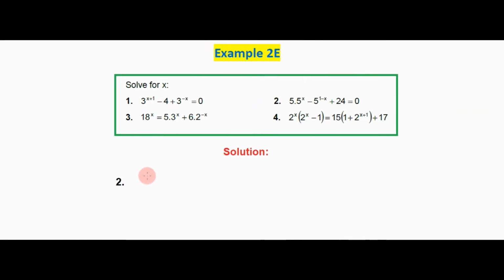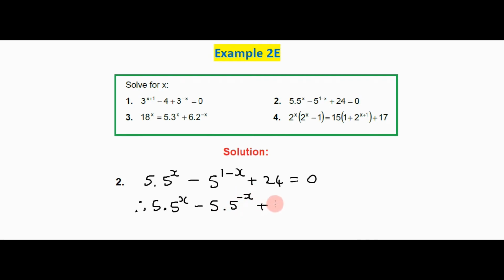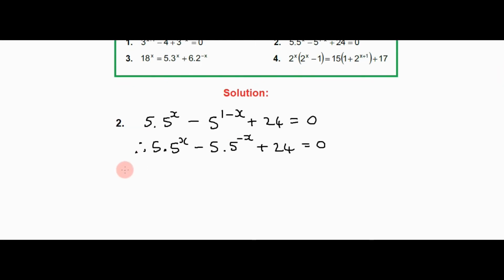In number 2, we have 5 times 5 to the x minus 5 to the 1 minus x plus 24 equals 0. We're going to rewrite the second term and split it up into 5 to the 1, or just 5, times 5 to the negative x. Now we can continue rewriting the second term.